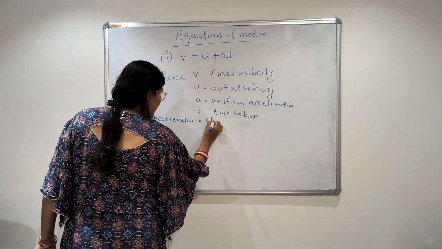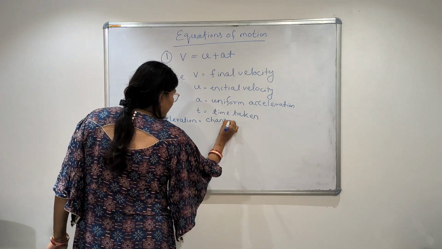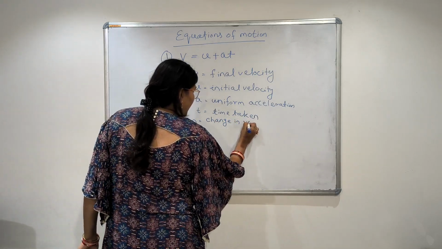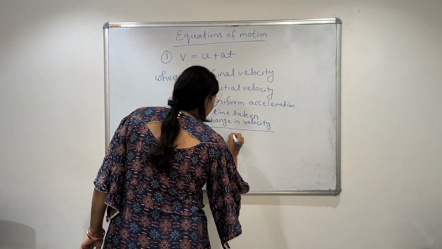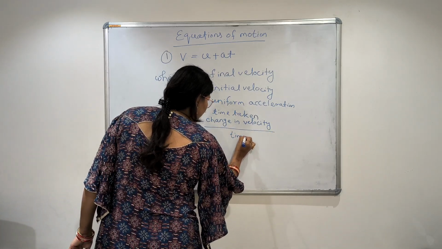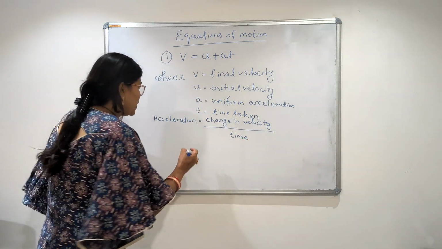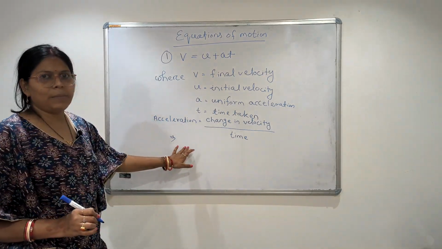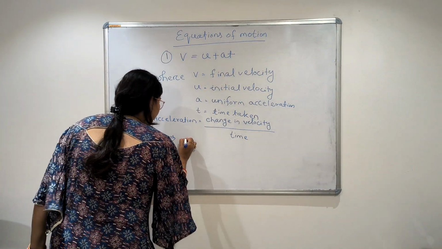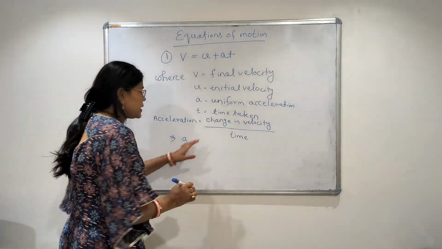is equal to change in velocity divided by time. We know this formula. So now we know acceleration is represented by A. So small a is equal to change in velocity.